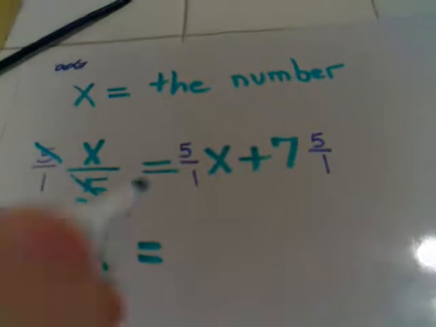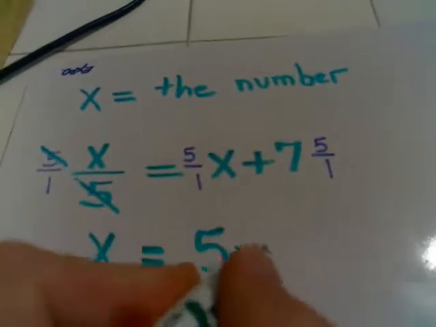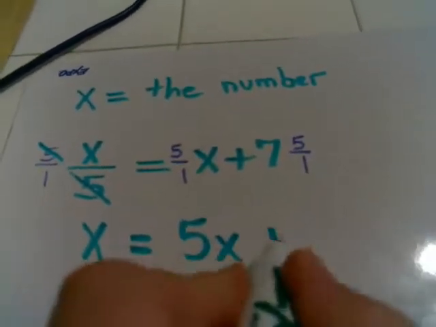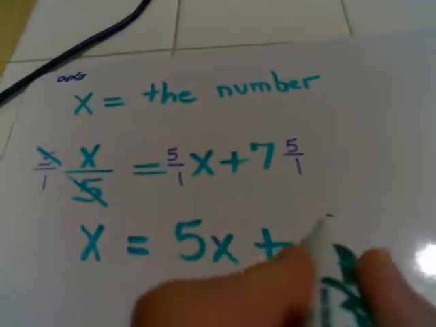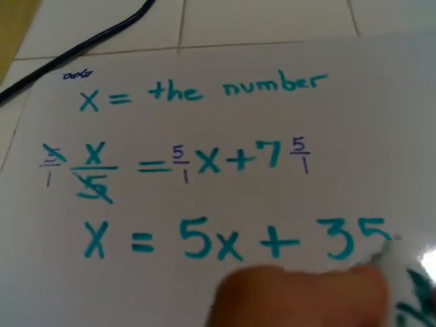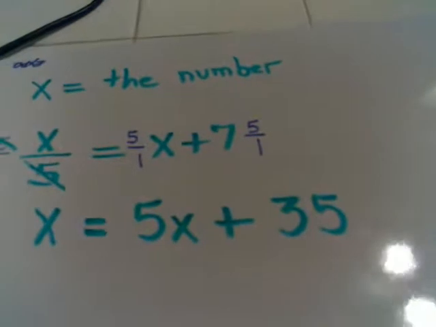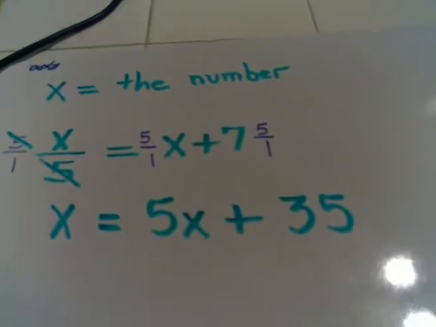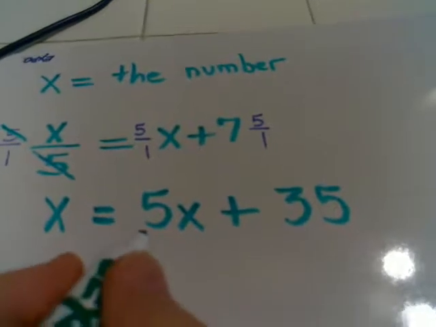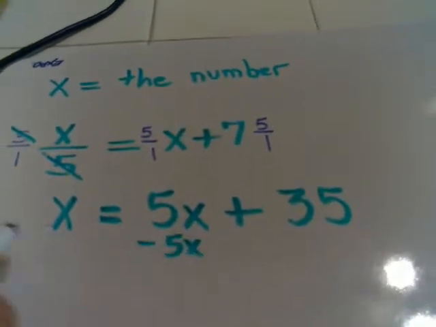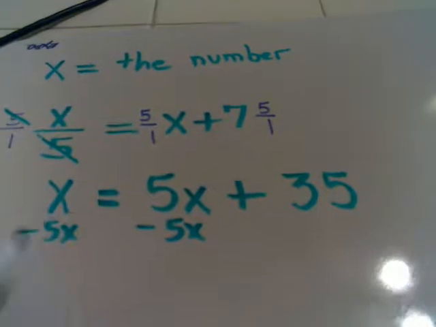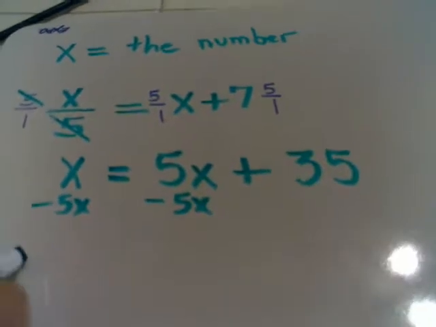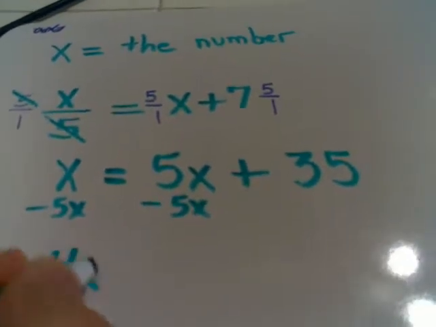All right, here we go. 5 times x is 5x, plus 7 times 5 is 35. Now, what we have to do at this point is get all of our x's on one side and the numbers on the other. I think the quickest way to do that is to subtract 5x from both sides. On the left-hand side, it leaves us with the opposite of 4x.